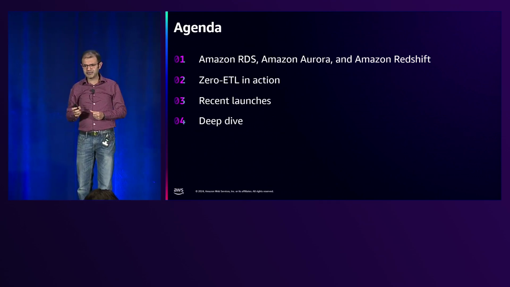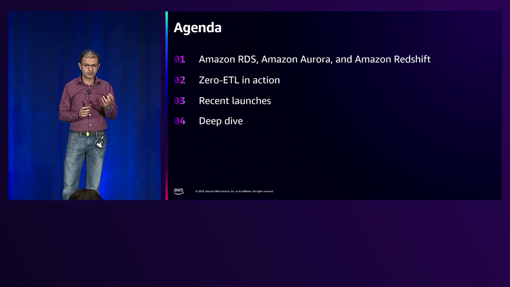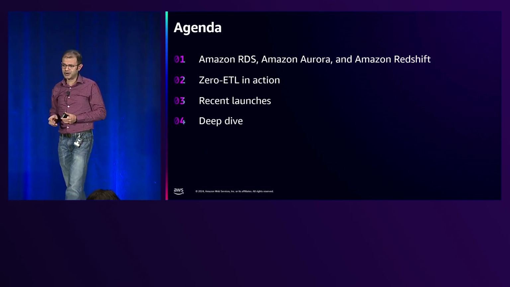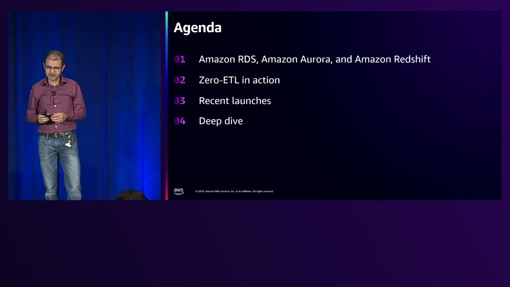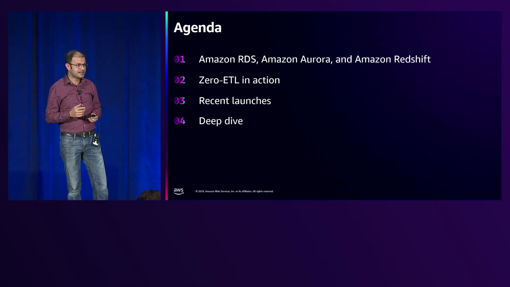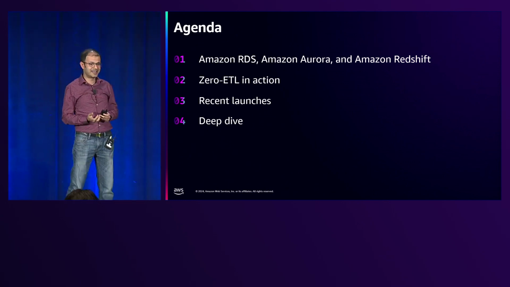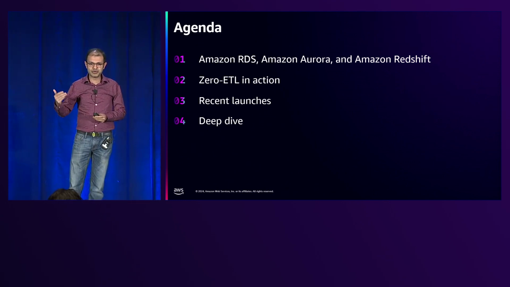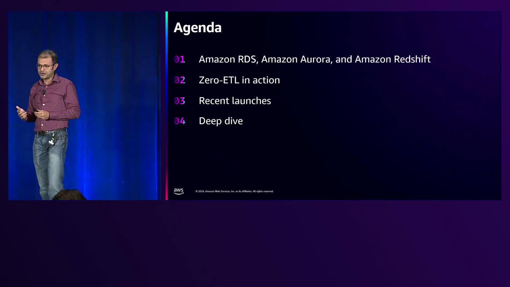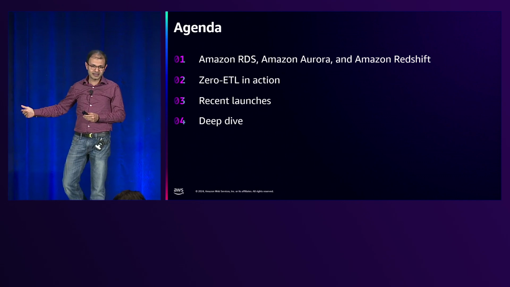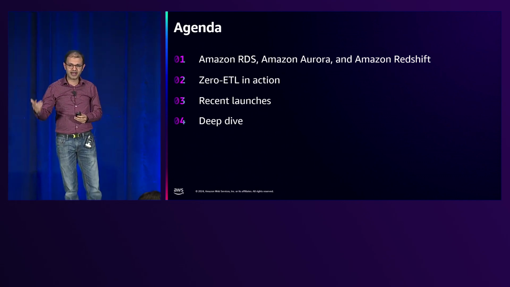We will cover some of the recent launches that are tied to zero-ETL in the Aurora and RDS set of services. And we'll end this talk providing some of the underpinnings by getting deep into how we actually pull this off so that you can get an overview of what is going on behind the scenes and how it works and why it works so well.